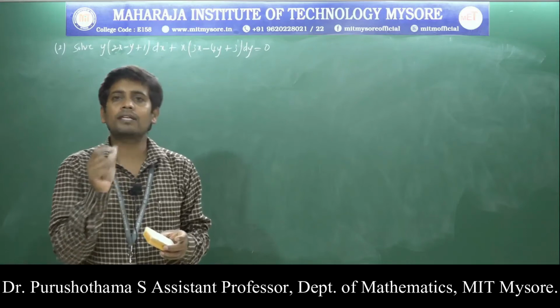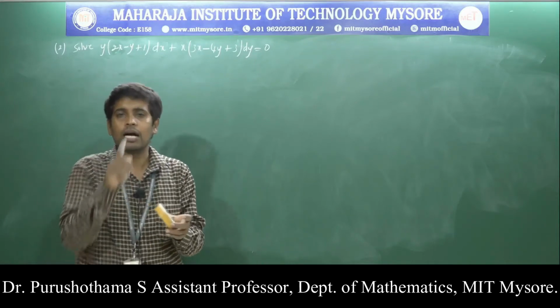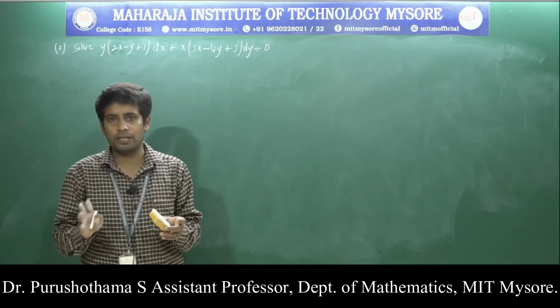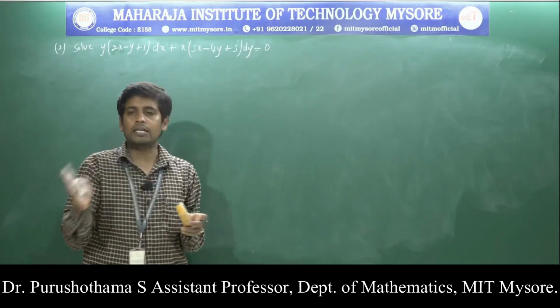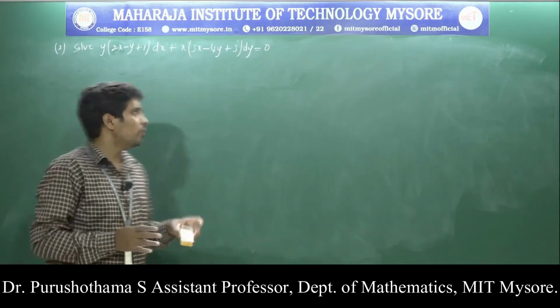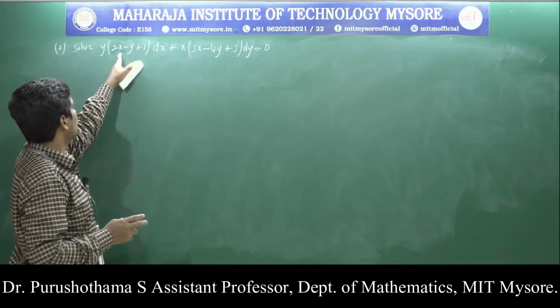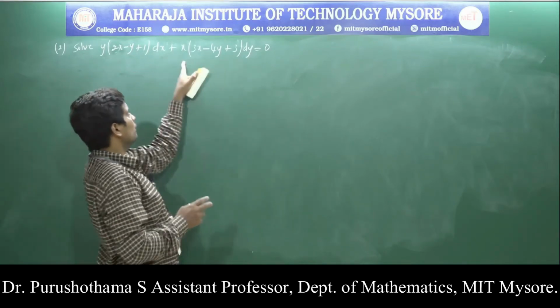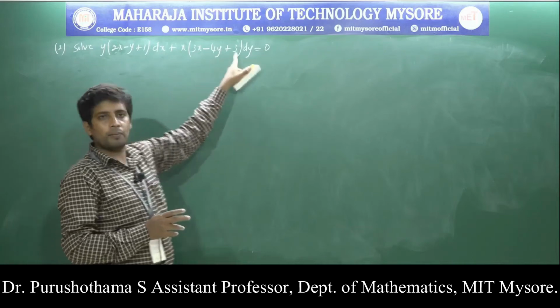First identify the given equation and compare it with the exact equation form. The standard form of an exact differential equation is M dx plus N dy, where the dx coefficient is M and the dy coefficient is N. Here also the dx coefficient is y times (2x minus y plus 1) and the dy coefficient is x times (3x minus 4y plus 3).